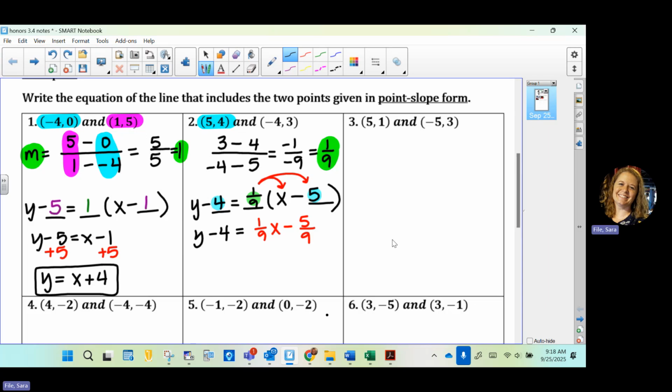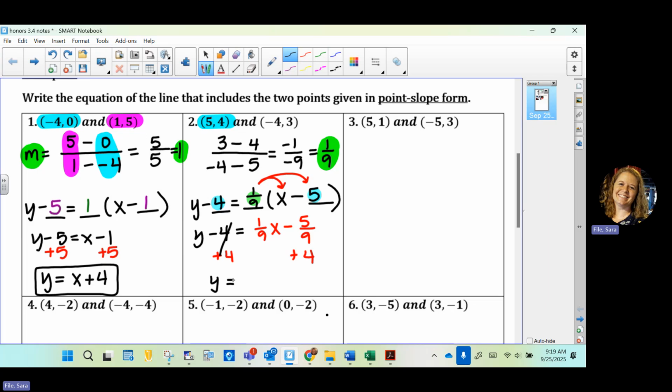Now, when you're adding or subtracting, how am I going to move this 4 over to the other side? I'm going to have to add that 4 over. And when I do that, I'm adding an integer and a coefficient. And that's different because it's not just go across the top and the bottom. I have to have a common denominator to add or subtract fractions.